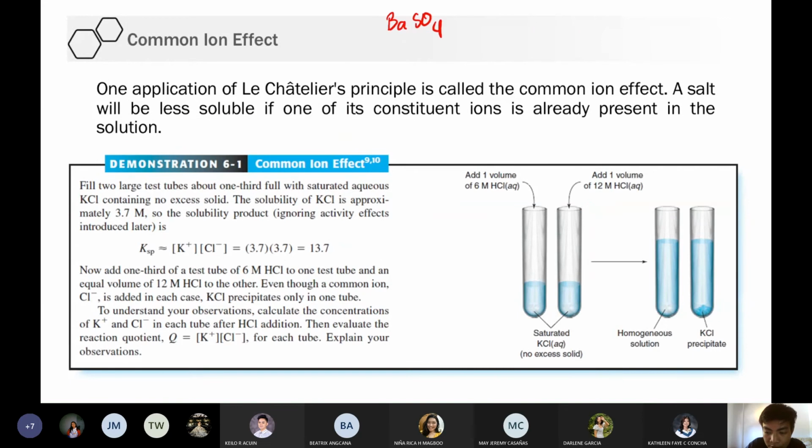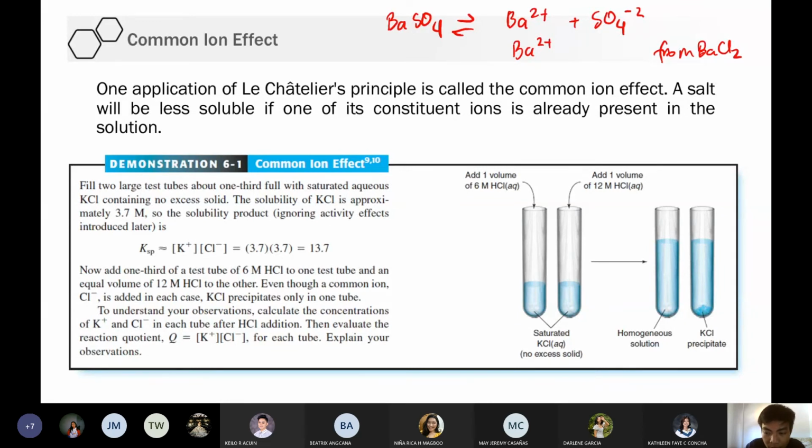Suppose we have barium sulfate. Barium sulfate will dissociate into barium 2 plus and sulfate ions. Suppose your equilibrium already has barium ions from, let's say, barium chloride. Suppose you already have barium ions in your system before you add the barium sulfate.